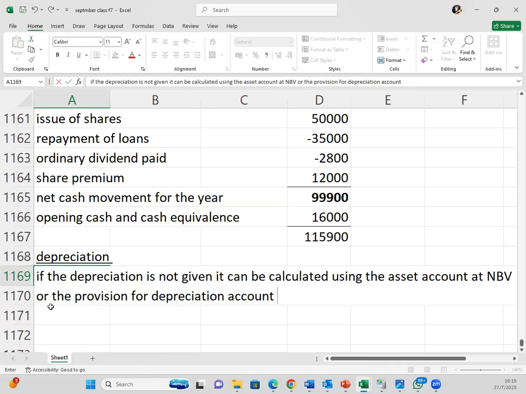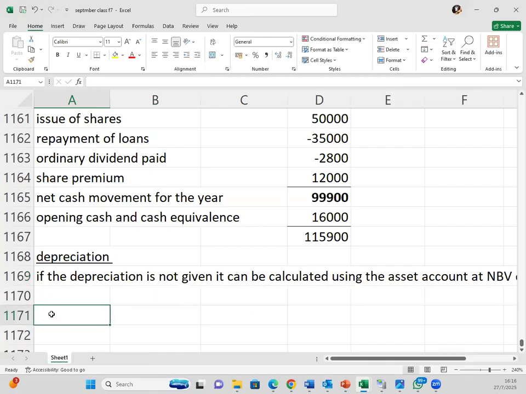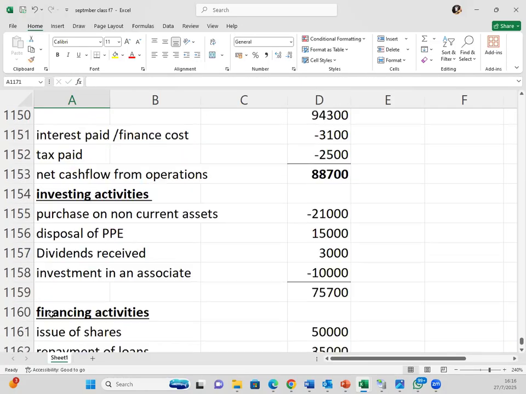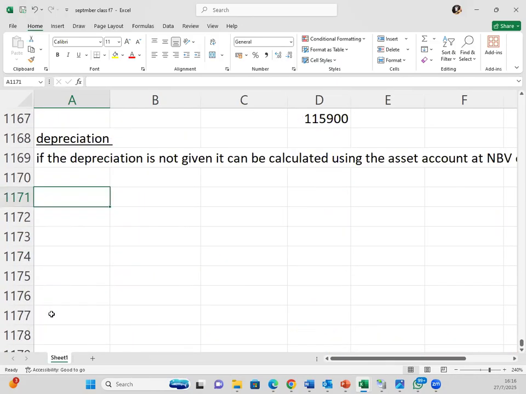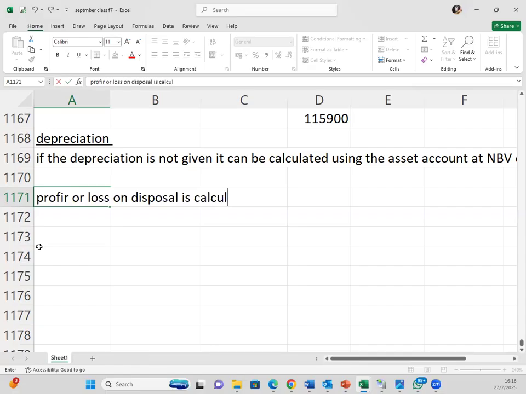So besides depreciation, again, we have the profit or loss on disposal. If the profit or loss on disposal is not given, it is calculated using the disposal account.